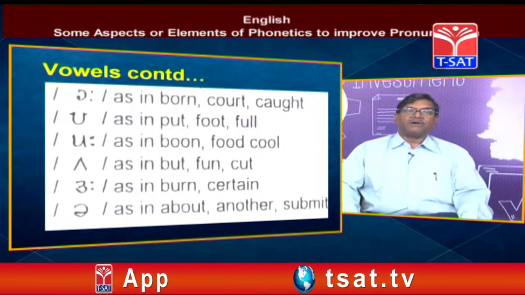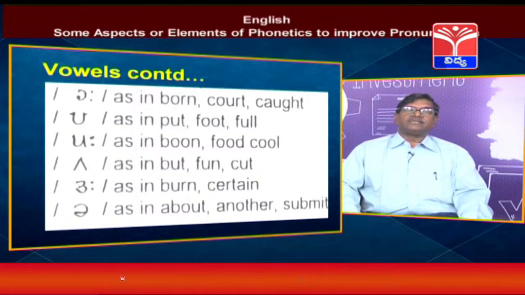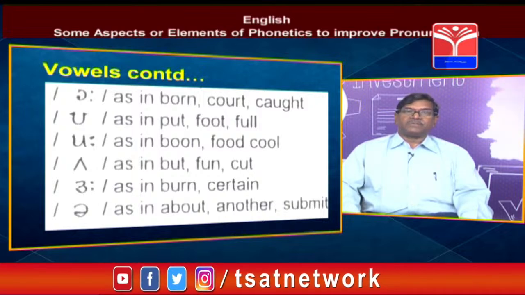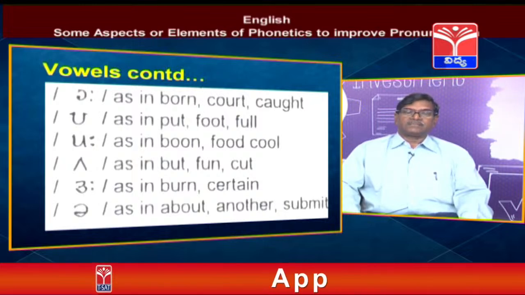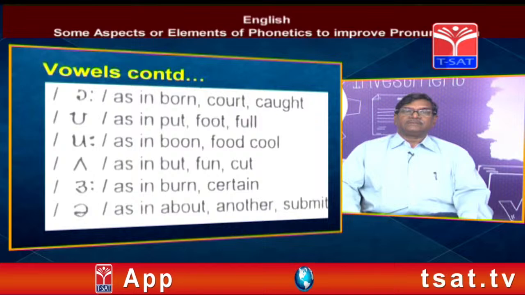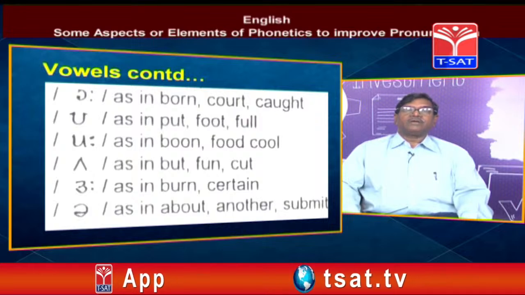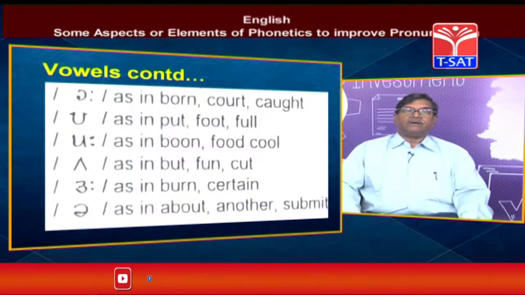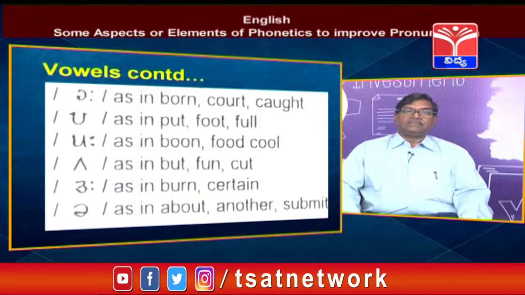That is the symbol of weak, when it is short, but not weak, it is a strong sound: but, fat, cut. Then comes the next sound. This is slightly different from ah.